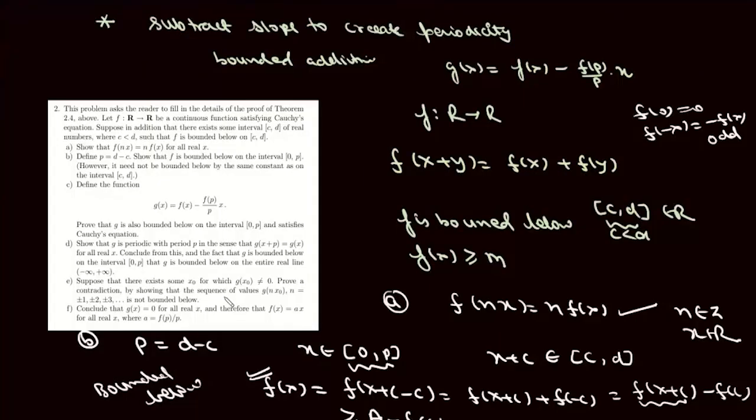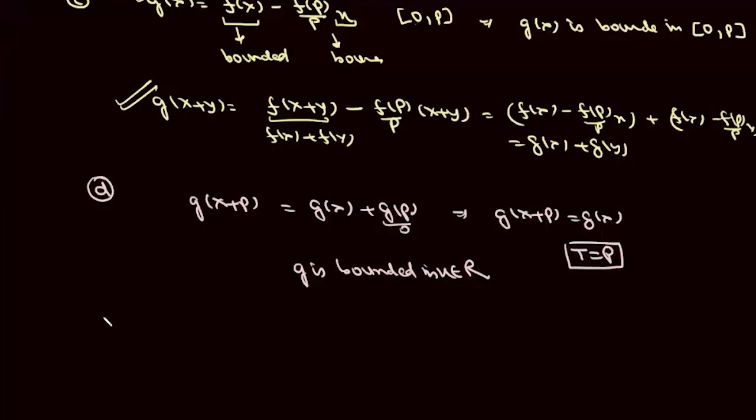Now suppose there exists some x naught for which g(x naught) is unequal to 0. Prove a contradiction by showing that the sequence of values g(n x naught) is not bounded below. So for this e part, we let g(x naught) be unequal to 0. Now we have already figured out g(n x naught) is n times g(x naught).